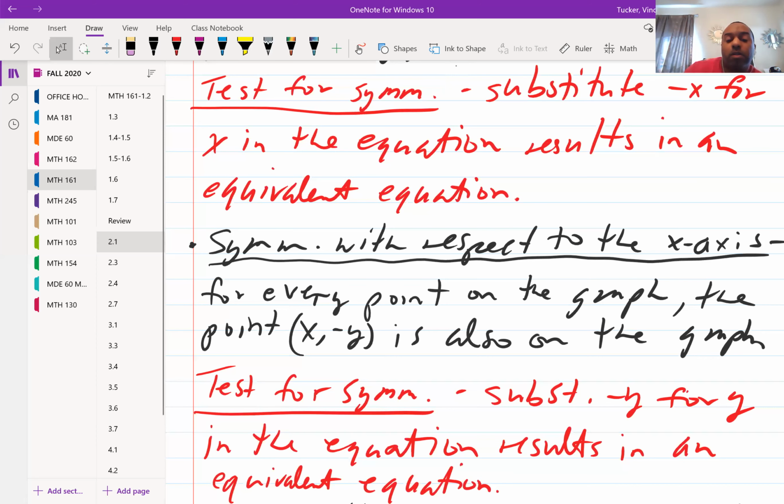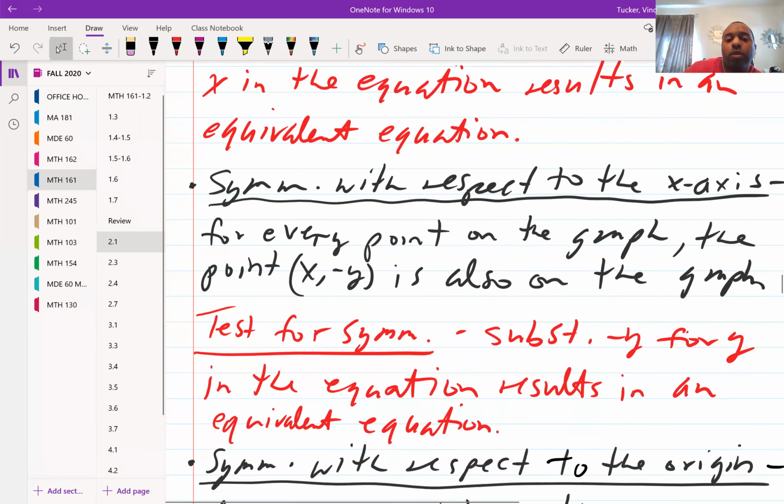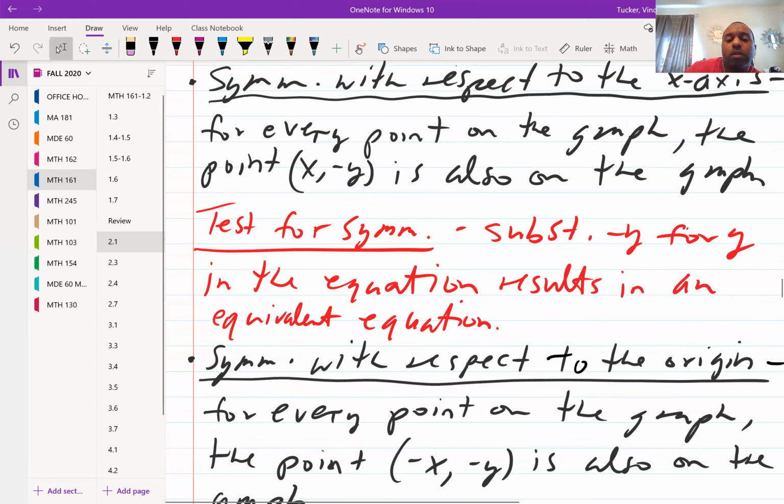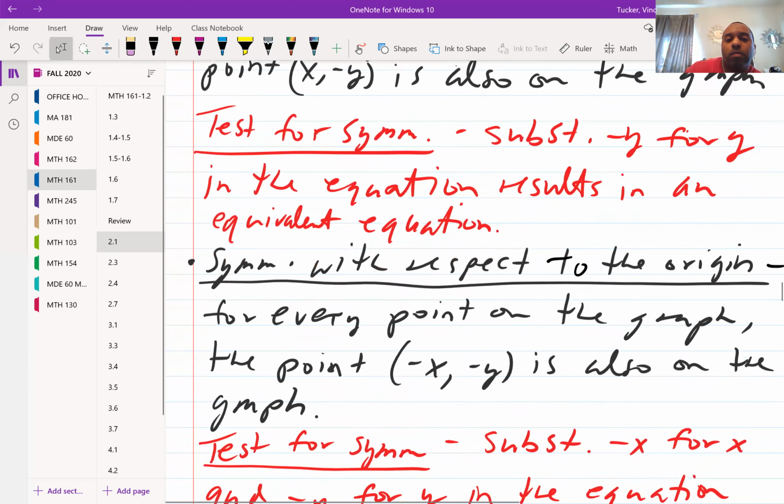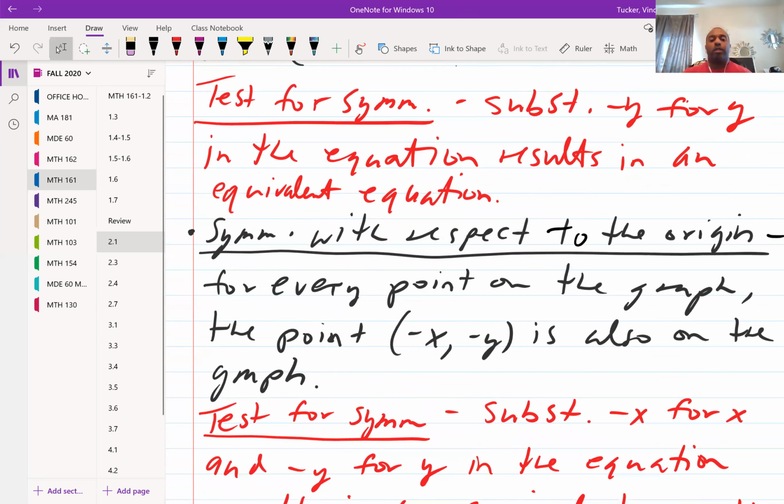Then symmetric with respect to the origin: for every point (x, y) on the graph, the point (negative x, negative y) is also on the graph.